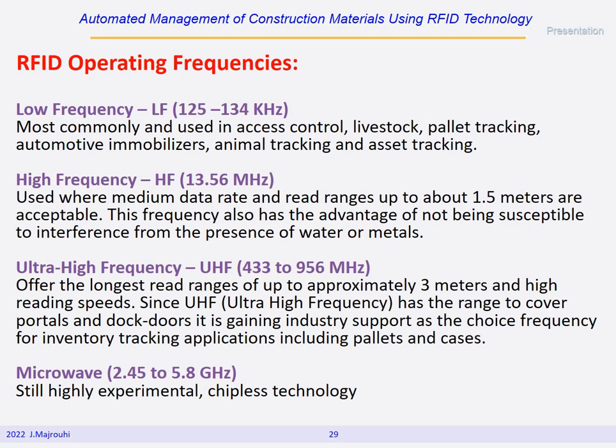Since ultra-high frequencies have the range to cover portals and dock doors, they are gaining industry support as the choice frequency for inventory tracking applications including pallets and cases. Microwaves work between 2.45 to 5.8 GHz. Still highly experimental, chipless technology.